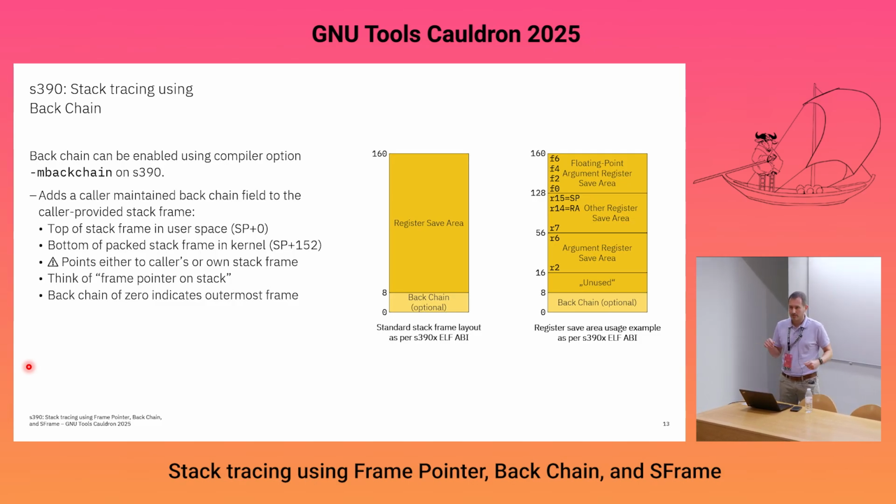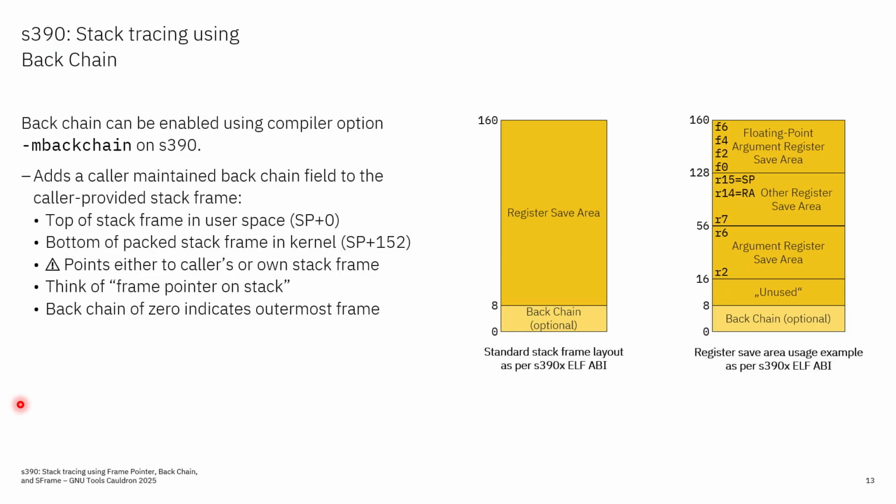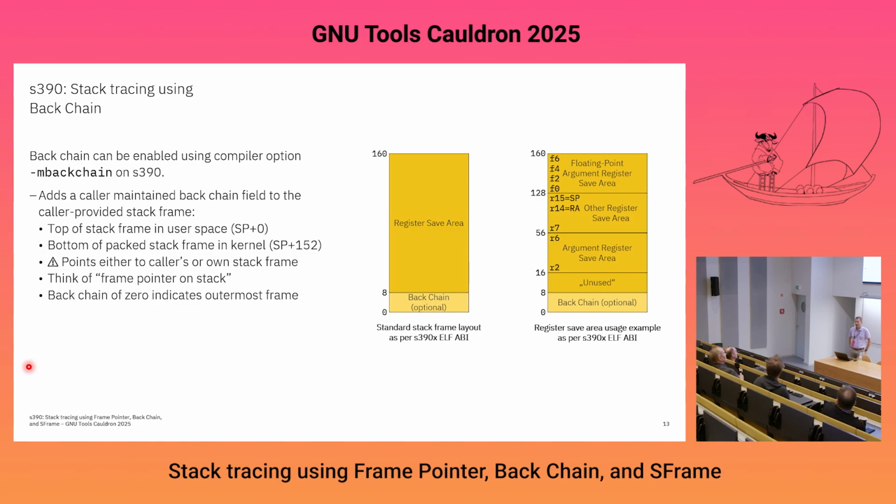Is this stack frame always the same size? Because the register save area can vary depending on how many registers you save. It's caller-provided, so the caller provides a function with 160 bytes of register save area space. Always? Always. Okay. That's required.